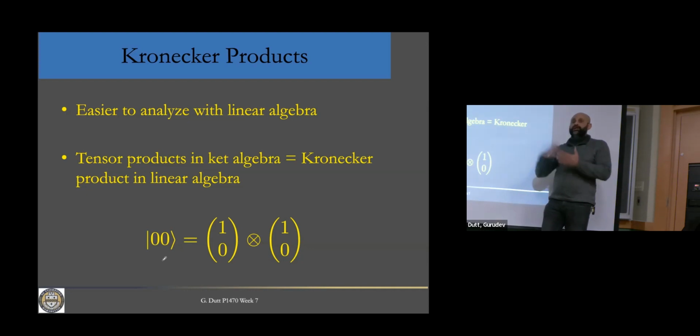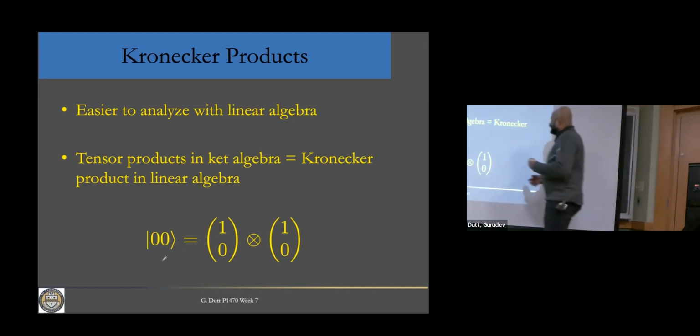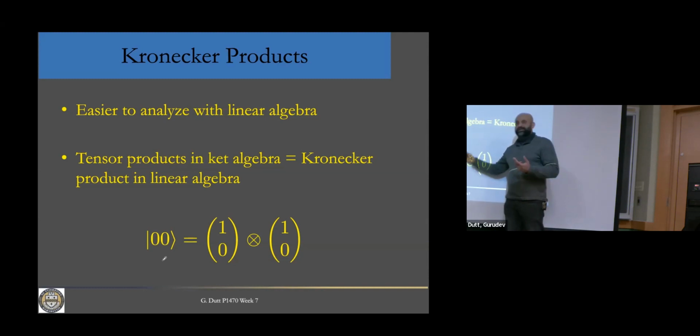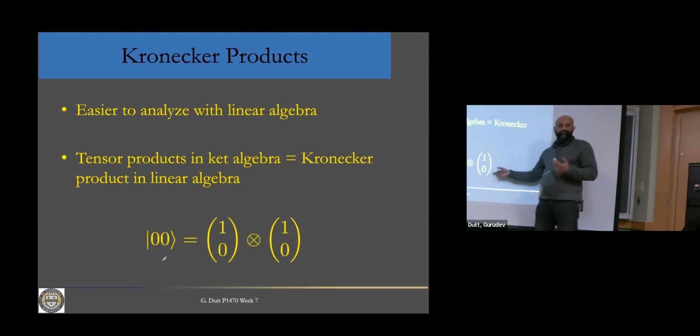But that's what the equivalency is between tensor product in ket algebra and the Kronecker product in linear algebra. So if I write the state 0, 0, the same ket state that we wrote for a 2-qubit state, then we know in linear algebra it's a column vector, 1, 0, and this is another column vector, 1, 0.